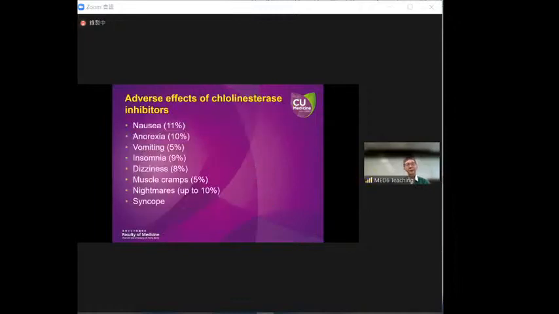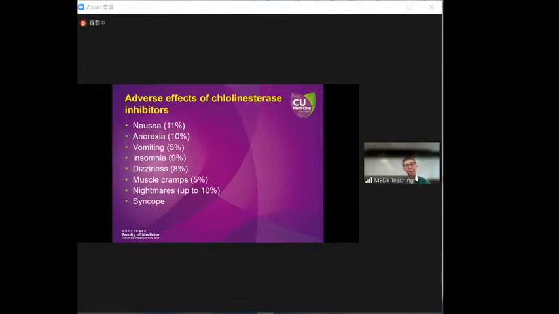But it has side effects. Because the GI system relies on acetylcholine also for its neurotransmission. So if you increase the acetylcholine level in the GI tract, it becomes overactive and causes GI upset, which is very common. But the good thing about this is that it is reversible.